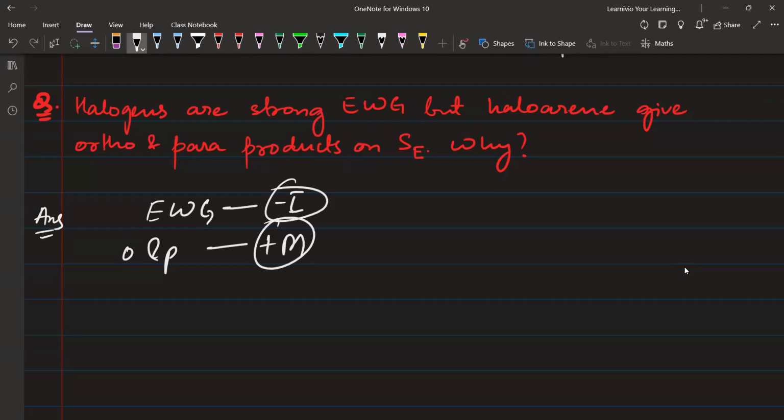But overall reactivity is determined by minus I.